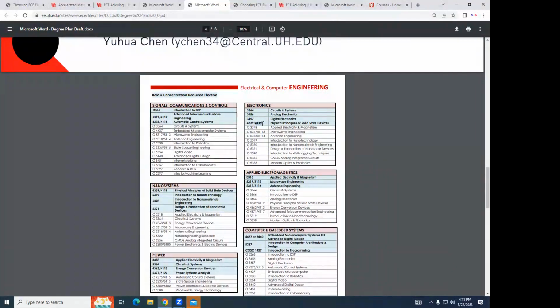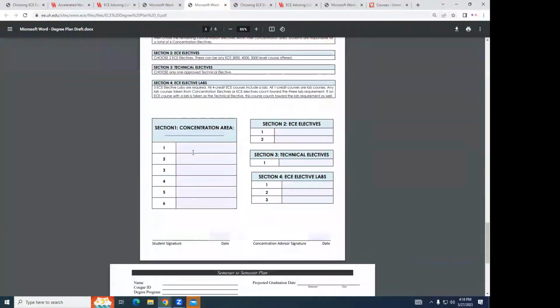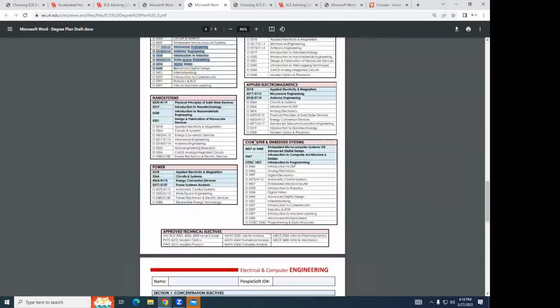You're required to take 4119, 3457, 3456. Now you have your 3 lab courses, okay? Signals, communications, and controls has only 2 required labs. So between these electives, concentration electives, and technical elective, you would have to end up with 1 more lab, right? So that's how all of that works.